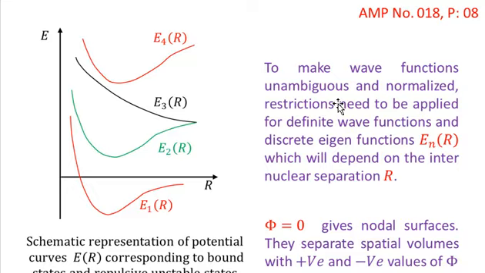To make the wave functions unambiguous and normalized, restrictions need to be applied for definite wave functions and discrete eigenfunctions En of R, which will depend on the internuclear separation capital R. Different possible states of these En of R are shown. But you know that the most realistic form is the form given by E1 of R, which corresponds to a stable state and a bound state also.